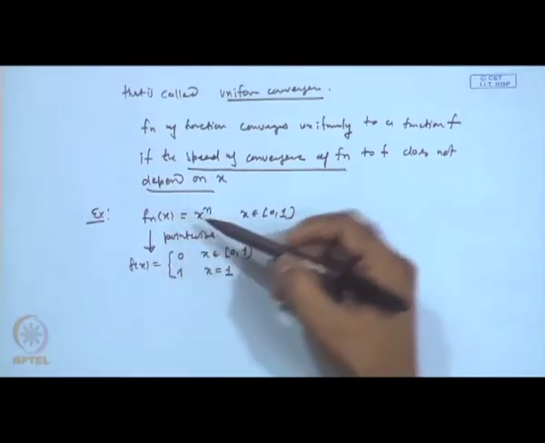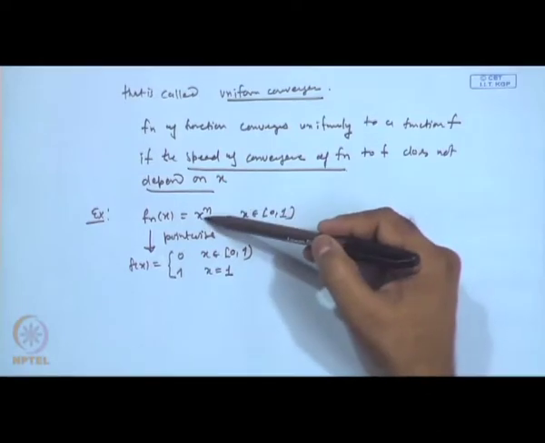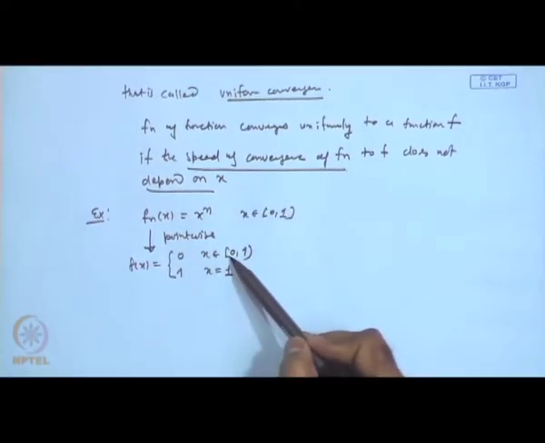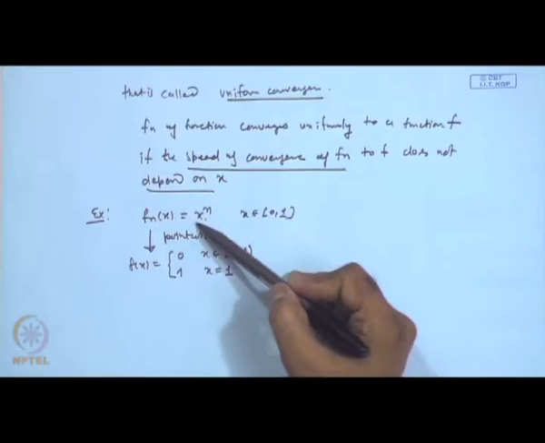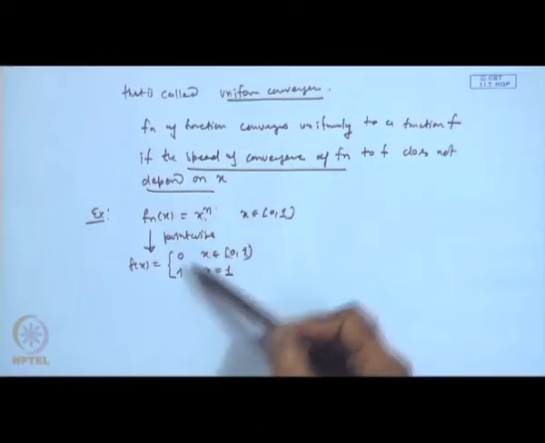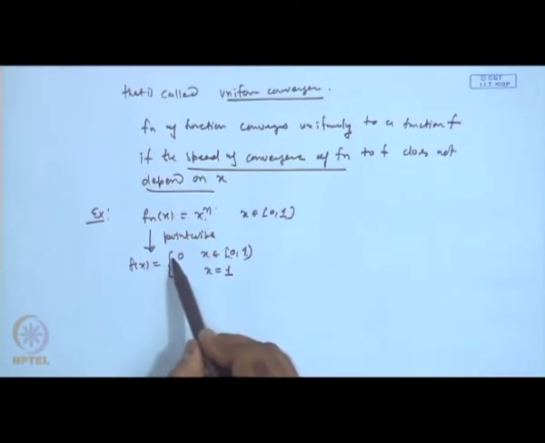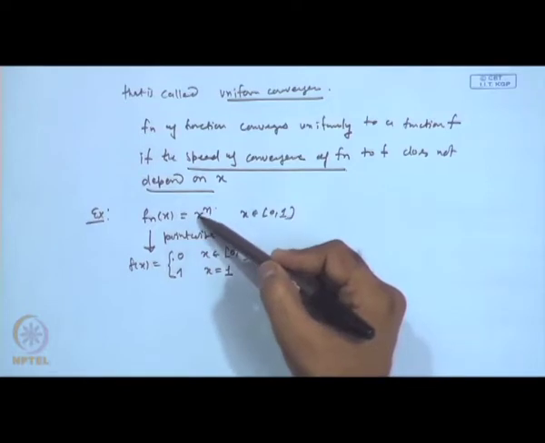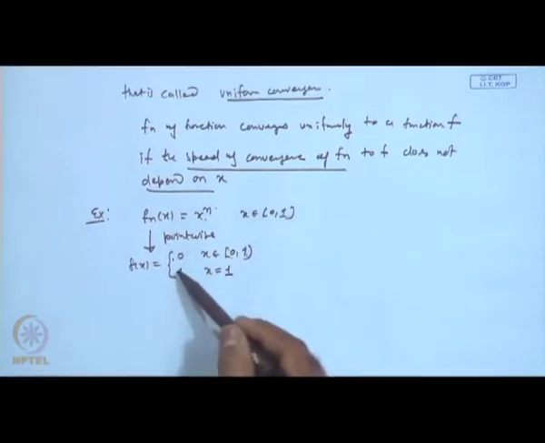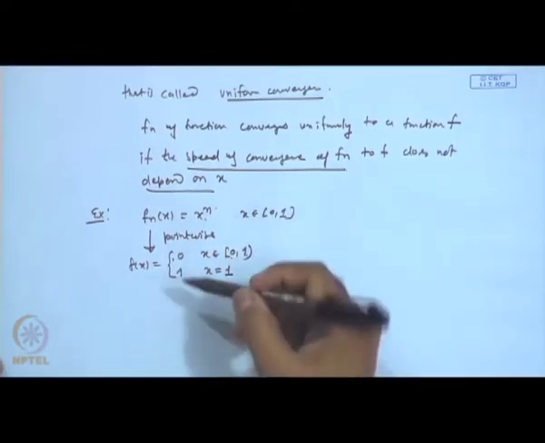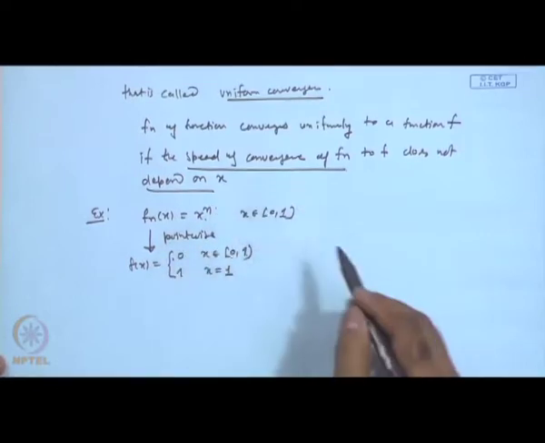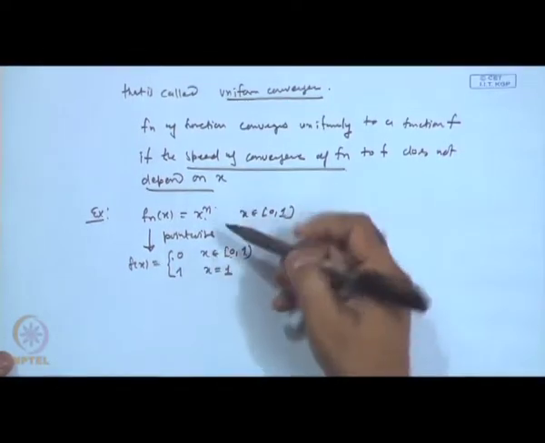If we take any x between 0 and 1, x^n as n approaches infinity will always go to 0, and if x is equal to 1, it is a constant sequence equal to 1.